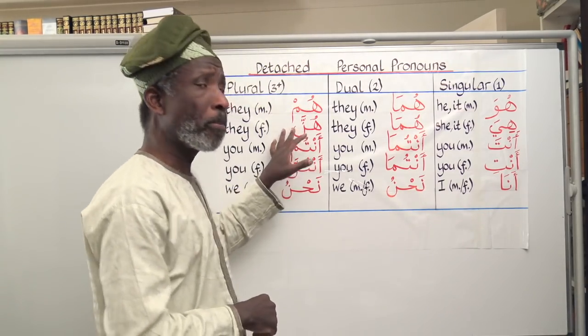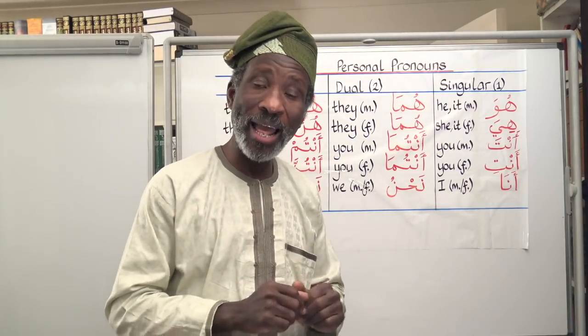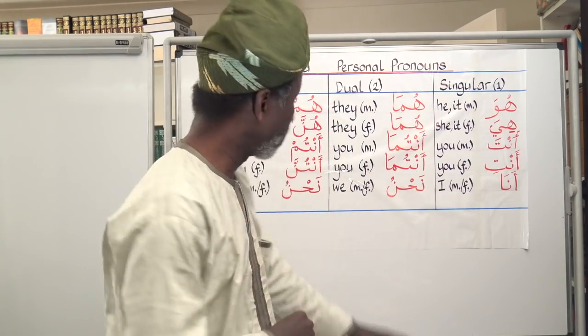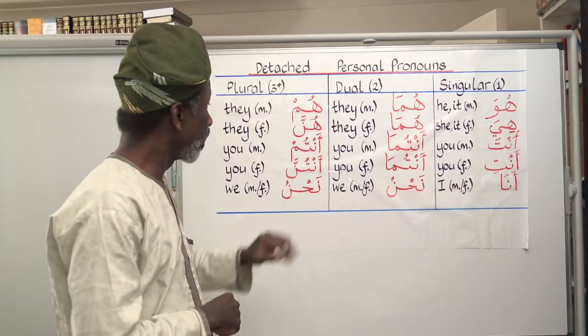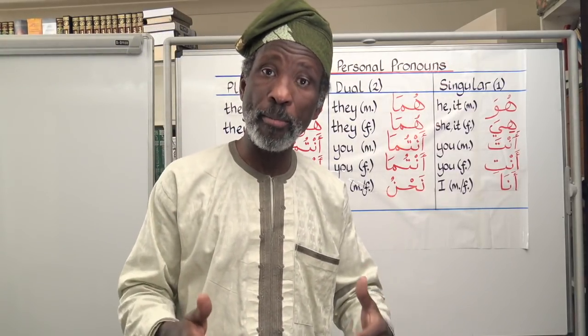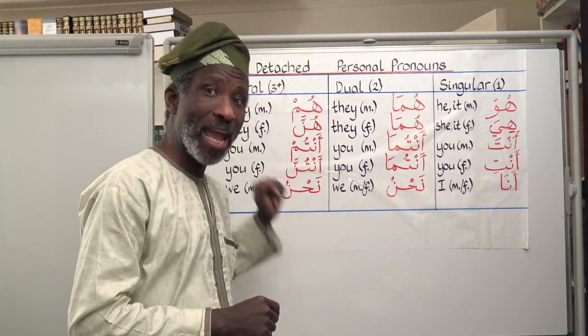And when you move to plural, which means 3 or more, if you say they, meaning men or boys, you will say hum, they are. If you mean 3 or more girls or 3 or more ladies, you will say hunna, they.